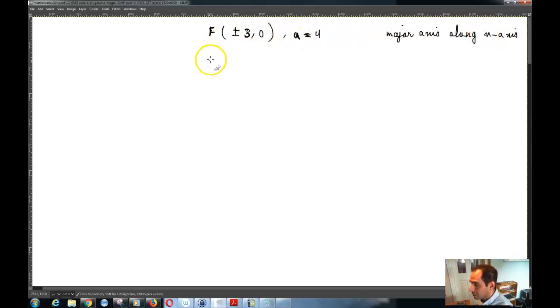Based on this, I can write x squared by a squared plus y squared by b squared is equal to 1. I already have my a, and b is what I need to calculate.